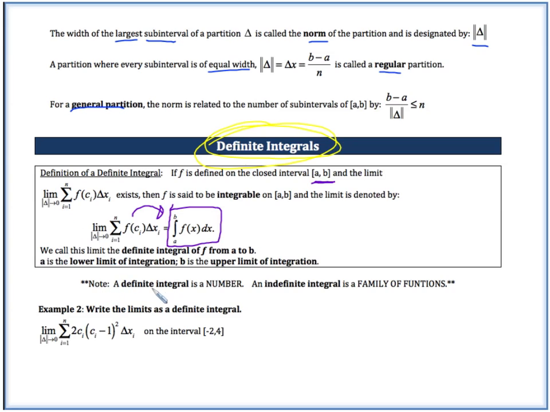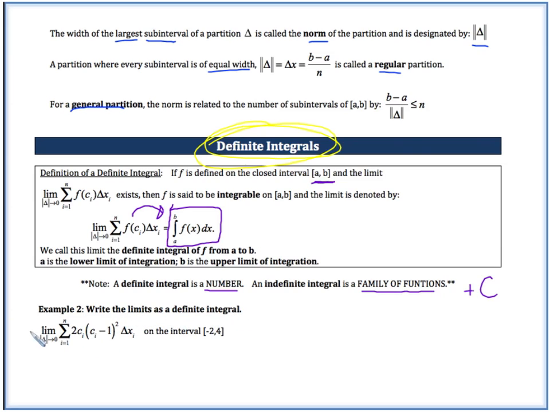Now, one big note here, a definite integral is going to actually give you a number, whereas an indefinite integral gave you a family of functions. So you remember it gave you a function, but you always had that plus c. Well, in this case, a definite integral, if we know the limits of integration, we're going to come out with a number. So what we want to be able to do is write our limit now as a definite integral.